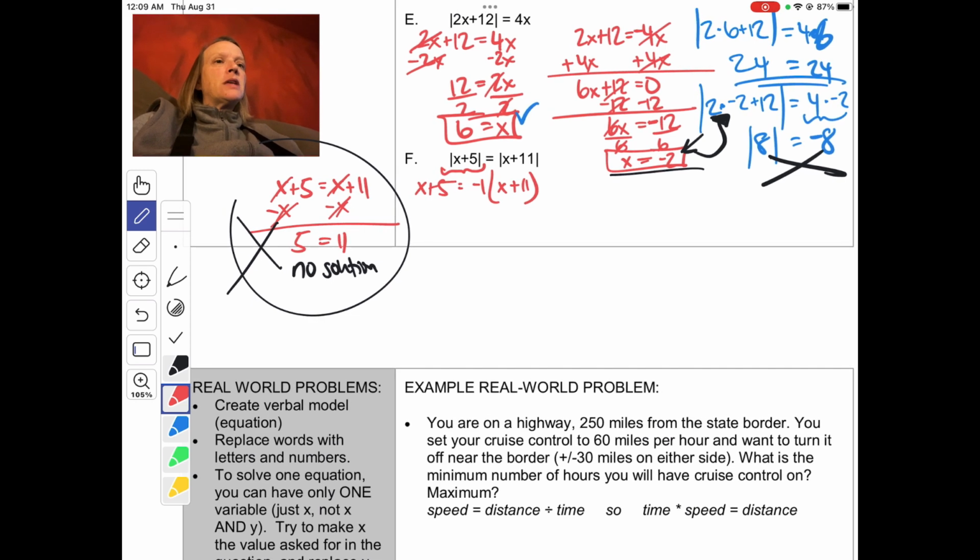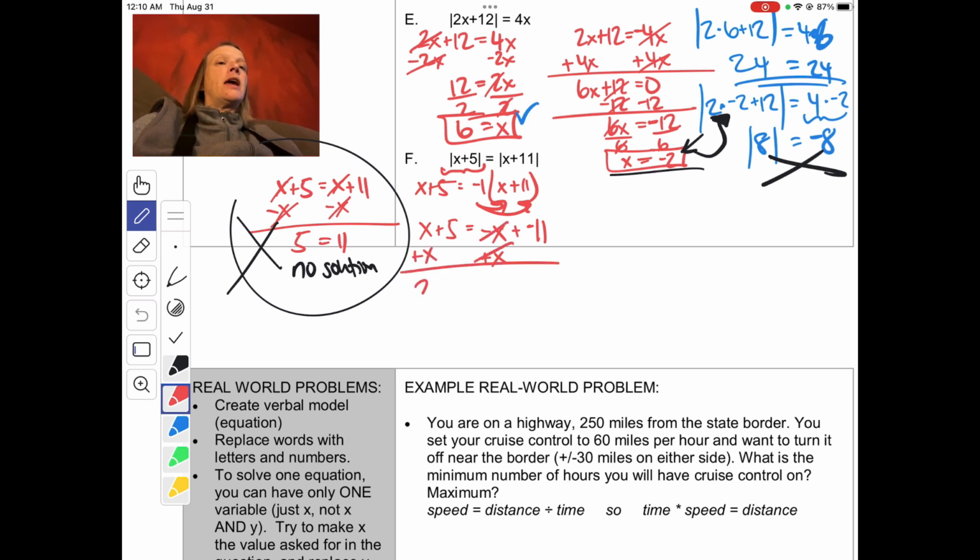x plus 5 equals negative 1 times x plus 11. Let's do the distributive property here to simplify. x plus 5 on the left equals negative 1 times x, which is negative x, and negative 1 times 11 is negative 11. Now I can get x on the left side by adding x to both sides.